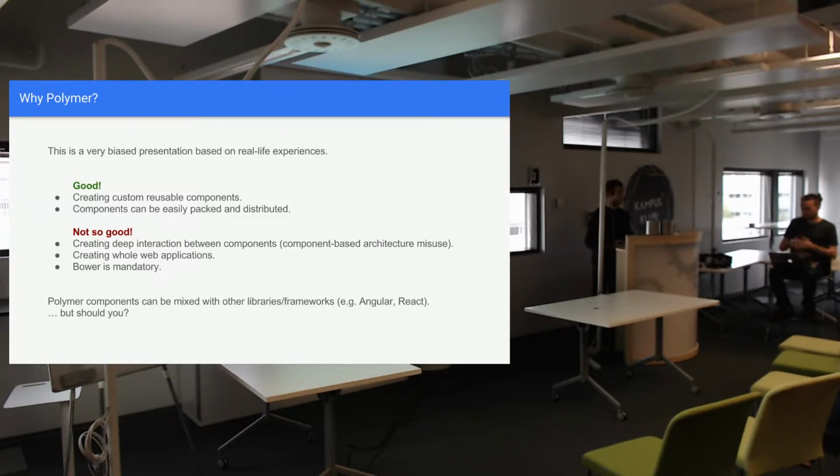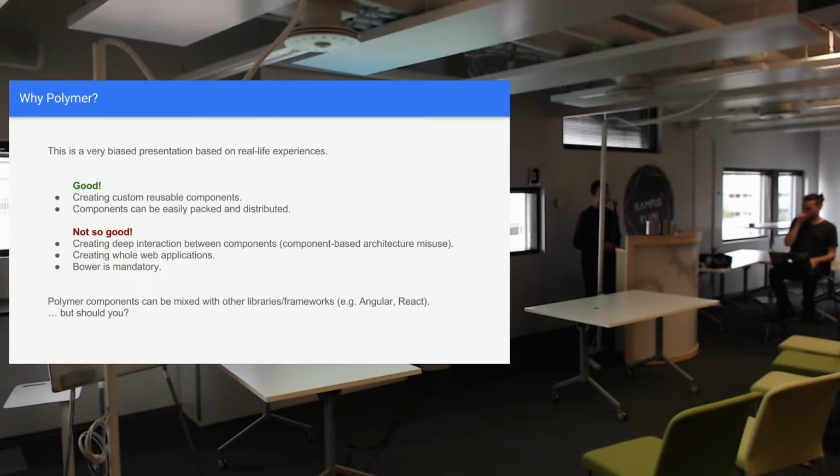And that's horrible. It's not so good for creating whole web applications. So I would say that it's more like a component library than an application library. If you want to create an application, Angular is perfect for that, React is perfect for that. And this is good maybe for very simple stateless components.